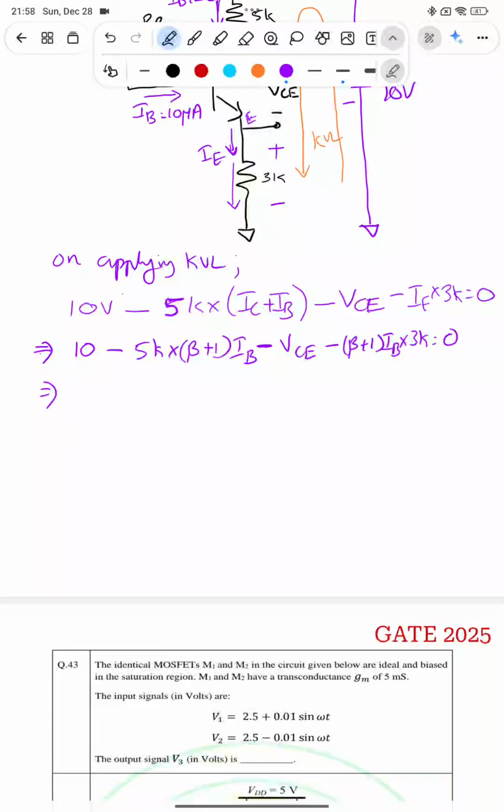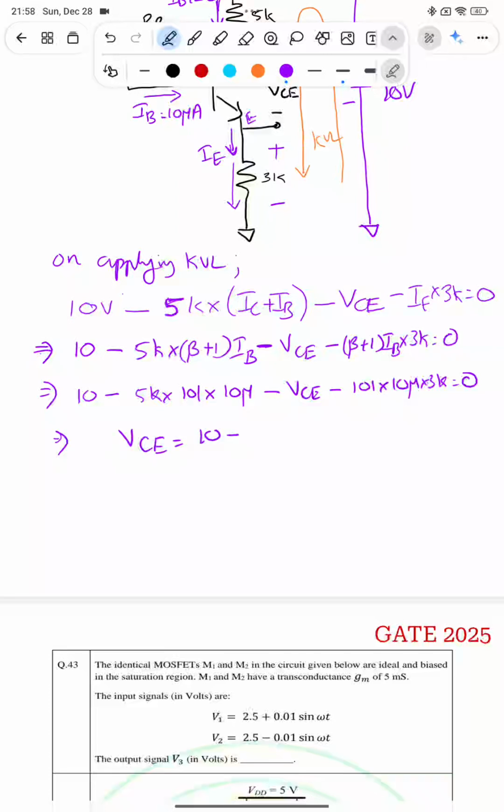So it is 10 minus 5k into 101 into IB, which is 10 micro, minus VCE, minus again 101 into 10 micro into 3k, equal to 0. From here we can find VCE.